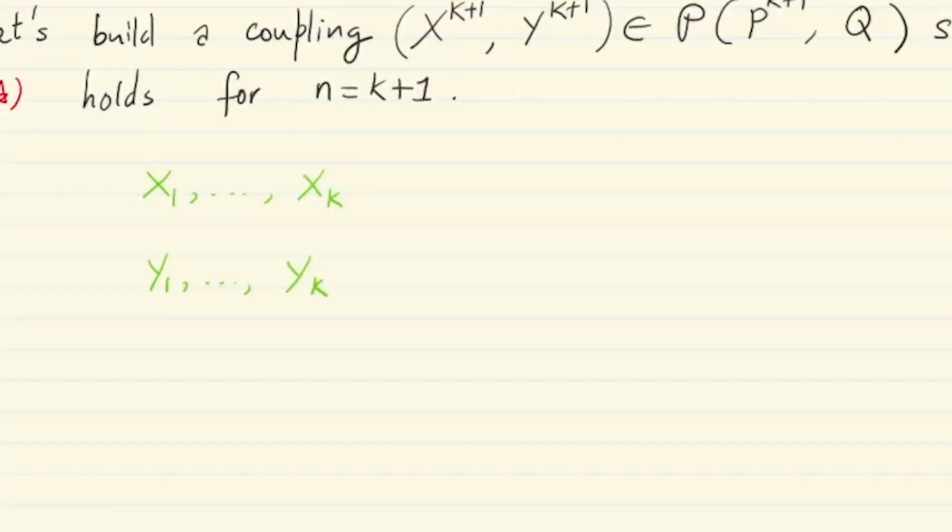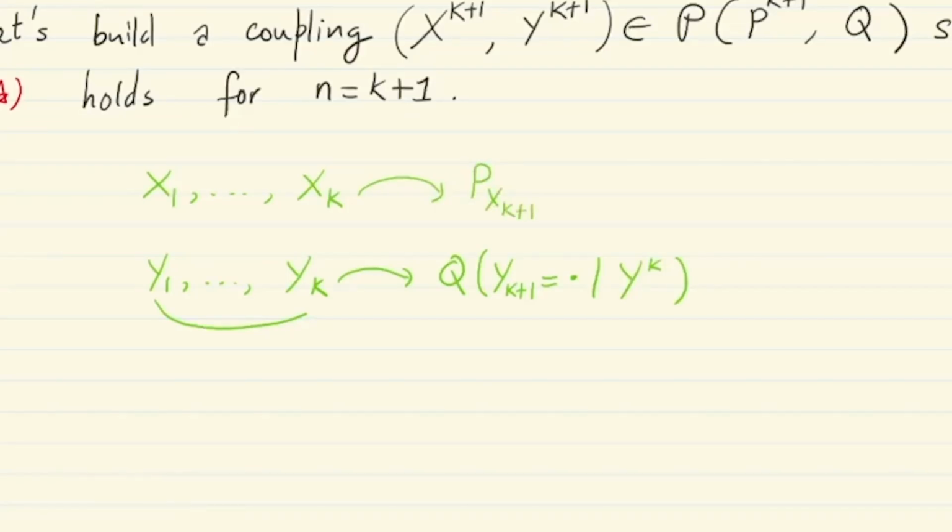So what you do is that having the y sequence conditioned on the first k y's, this gives you a conditional distribution for the k plus first place, Q of the k plus first entry given the first k entries, and you also have a target marginal distribution for the top side, x_{k+1}, which is just the distribution P_{k+1}.